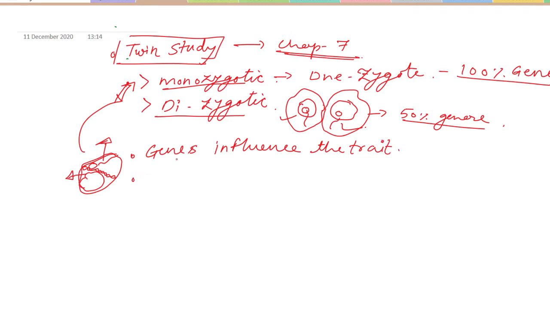However, if monozygotic and dizygotic twins share a trait to an equal extent, it is likely that environment influences the trait more than genetic factors.